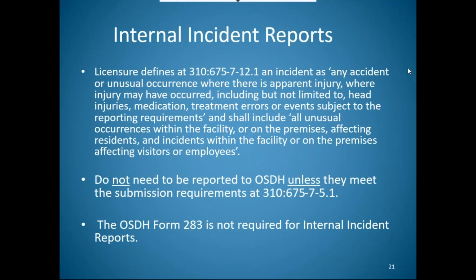A lot of facilities will go ahead and use the Form 283 as their internal incident report. And a lot of them find that having that there, you've already got the report started. If something happens, the resident fell, they had a little bit of hip pain, but they were okay. And tomorrow you hear a snap and they're in excruciating pain.